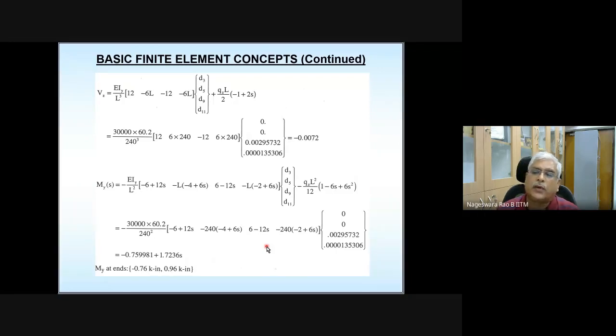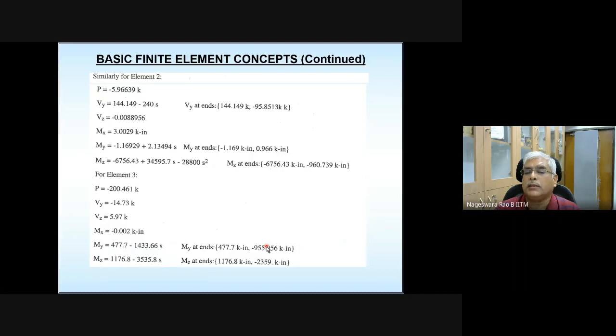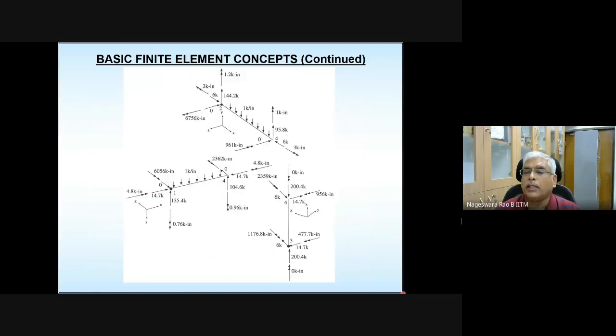Sign conventions for axial forces, local shear, local moment, and then draw the free body diagram. You can repeat this for all elements, draw the free body diagram for each element, and check whether each element is in equilibrium or not.